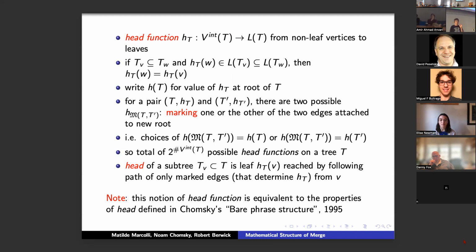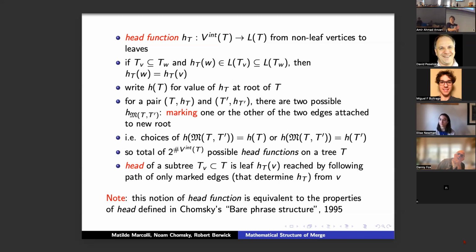And I want it to have one key property. The only thing that I require about this function is that if you have a syntactic object that's inside another one, so I pick one and I pick one below it somewhere, and the leaf, the head, that I'm assigning to the one above is inside the one below, it's one of the leaves that's actually inside the other one, then it has to be the same as the head of the lower one.